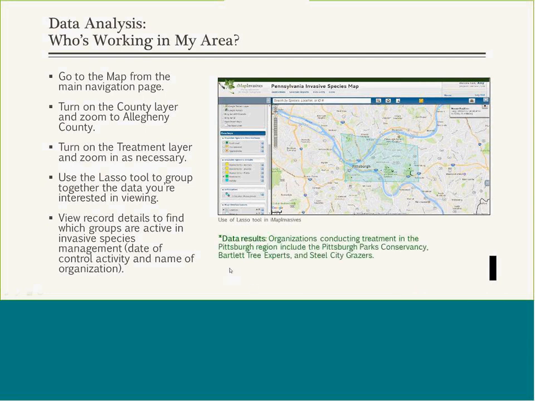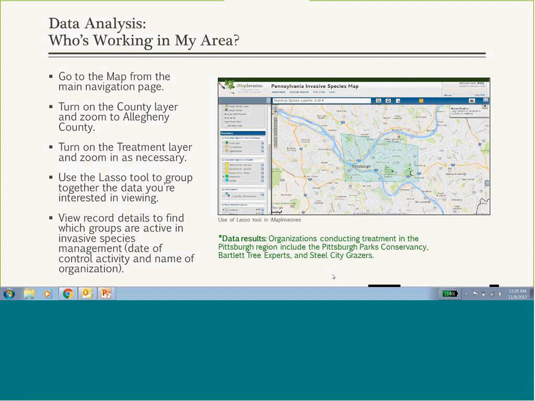And so the answer to our question is we can see that there are several organizations that are doing work according to data that's being captured in iMap. That's going to include the Pittsburgh Parks Conservancy, Bartlett Tree Experts, and Steel Sea Grazers. Okay.